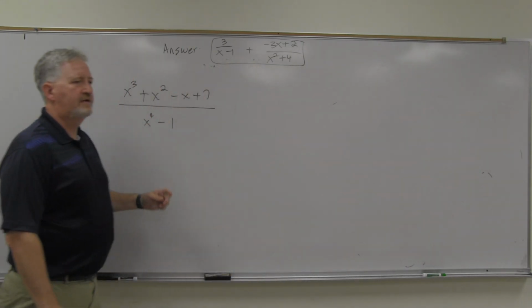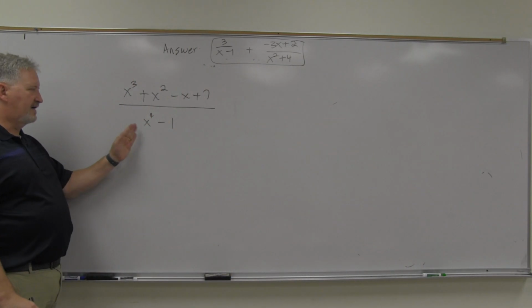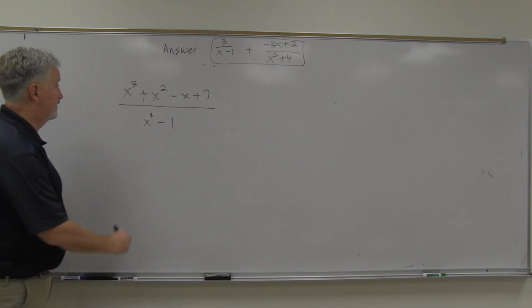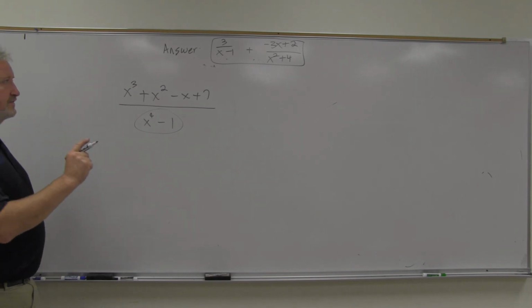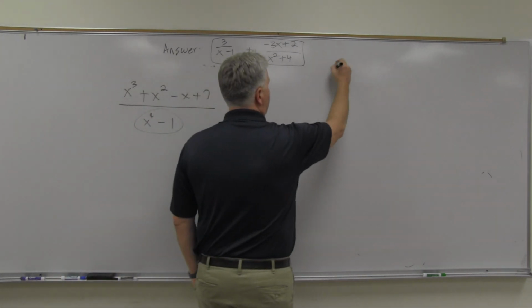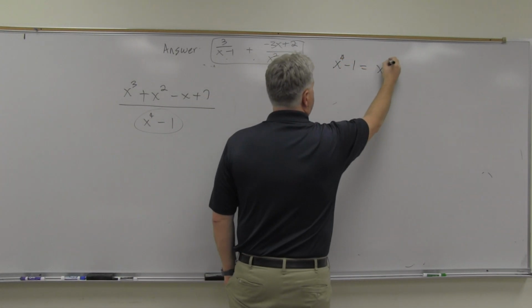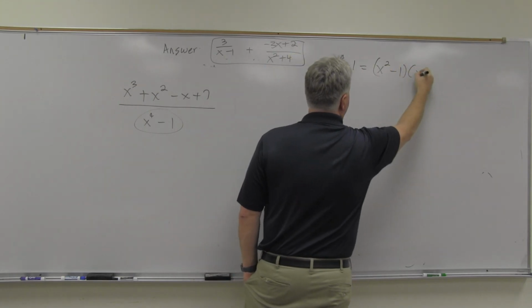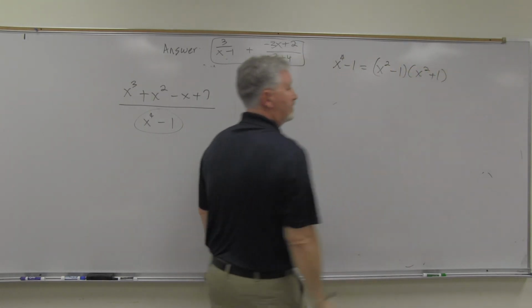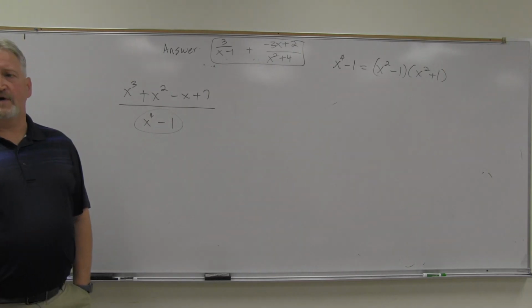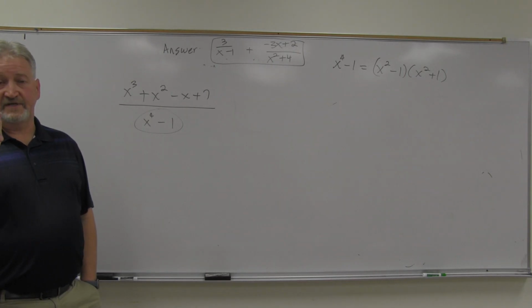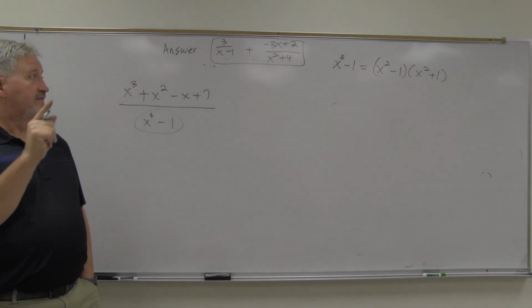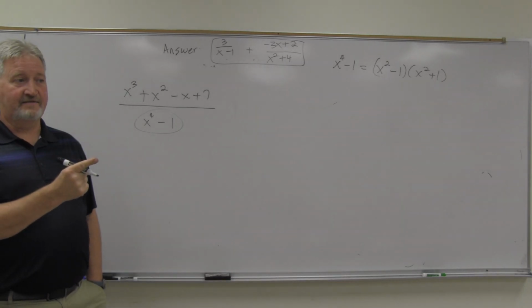So this one, I've got to factor the denominator here. The denominator, x to the 4th minus 1, well, it's a difference of squares, which is x squared minus 1 times x squared plus 1. The first one factors, the second one doesn't.